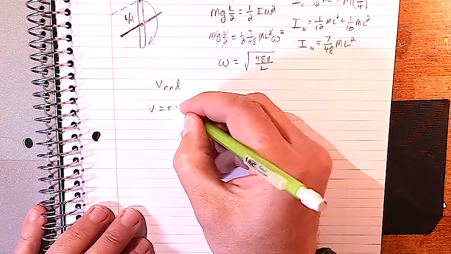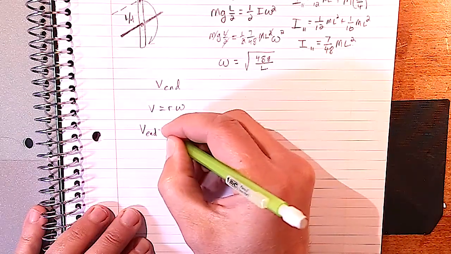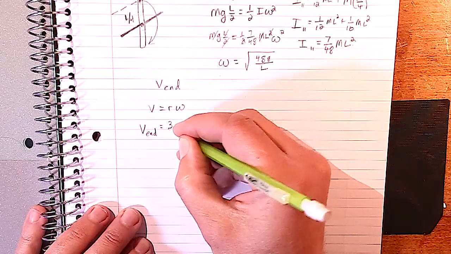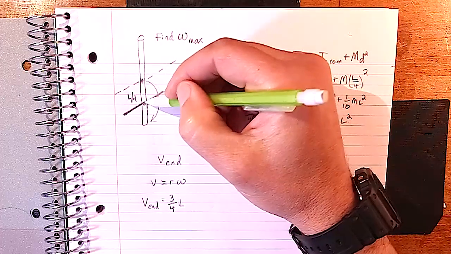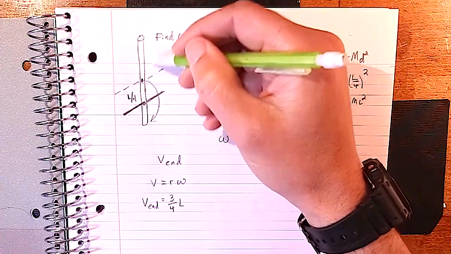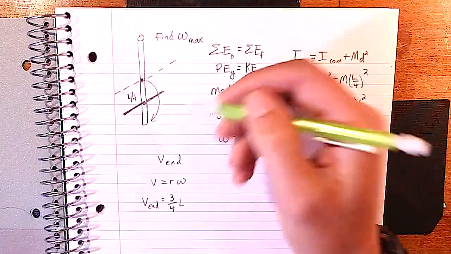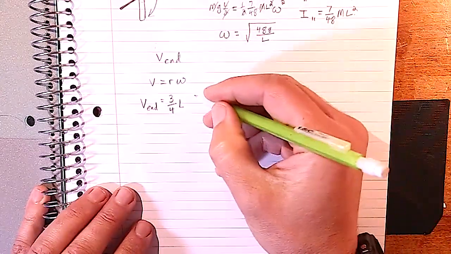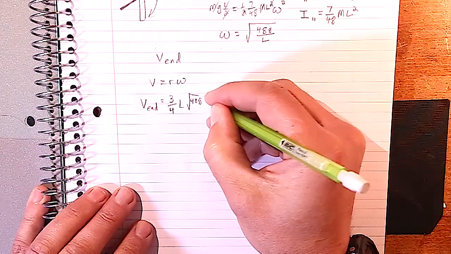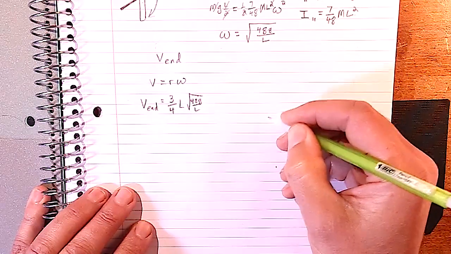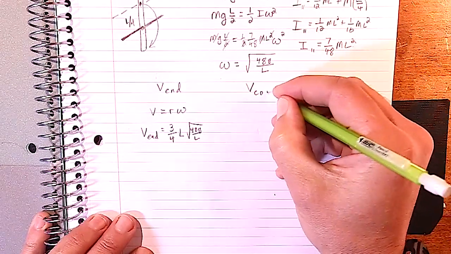So we can say v equals rho omega and just say that the velocity of the end is going to be equal to 3/4 L, because when we look at this, a half L and a quarter will be the end of this down here, times omega, which we already figured out, is the square root of 48g over L.